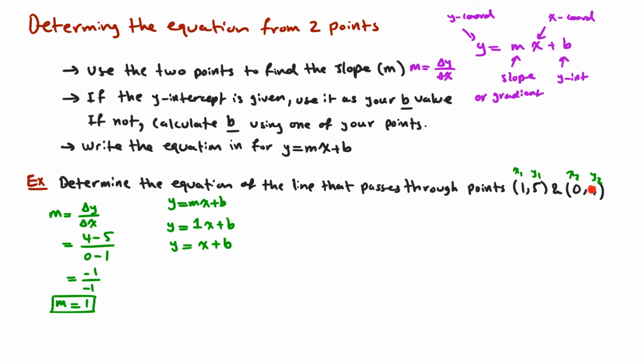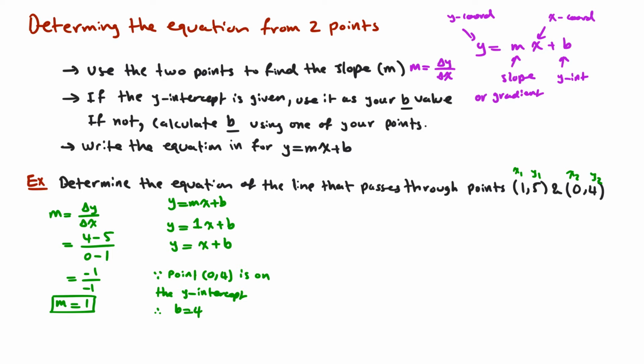So right away, we can actually solve this, and I'll just continue with green and say, since point 0, 4 is on the y-intercept, therefore b is equal to 4.